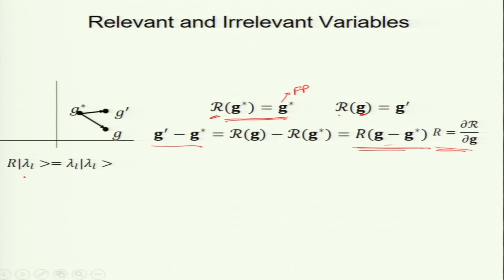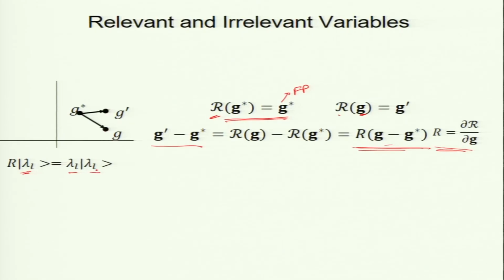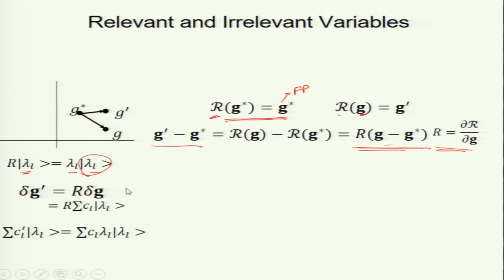So, it has eigenvectors. Right now it could be a 2D matrix, but it could be a matrix of any dimension. So, R applied to the eigenvector equals lambda_L times the eigenvector. Lambda_L is an eigenvalue and this object is the eigenvector. If I apply this, I can expand delta g in terms of these eigenvectors.